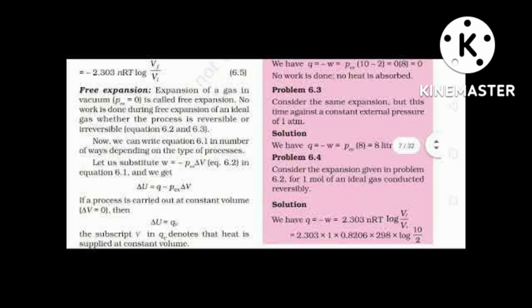Pressure is equal to 1, and V2 minus V1, meaning V final minus V initial, is equal to 8. Then 8 into 1 is 8 liter atmosphere. Then Q and W are both equal.